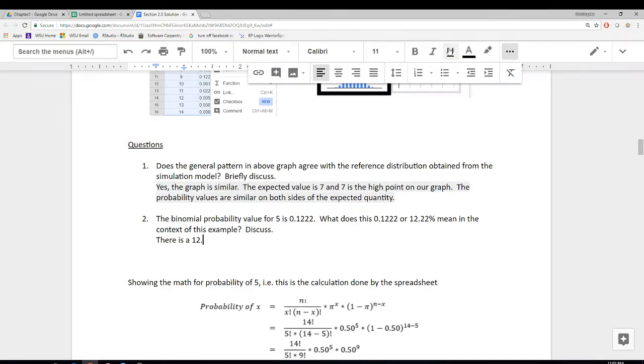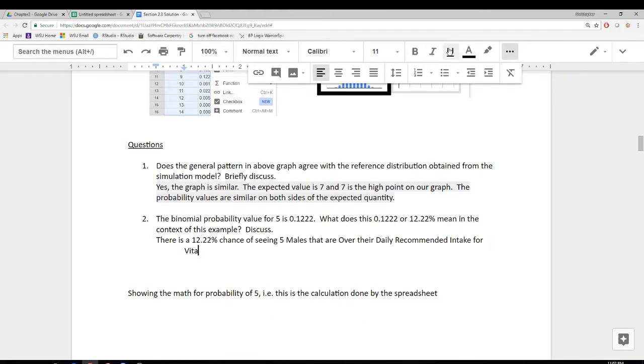There is a 12.22% chance of seeing 5 males that are over their daily recommended intake for vitamin A, again, this is all for vitamin A. So there's a 12% chance of seeing 5 males that are over their daily recommended intake for vitamin A when males are on target.